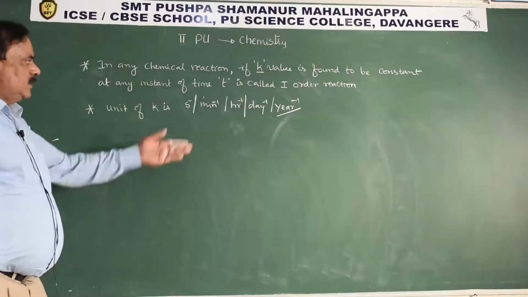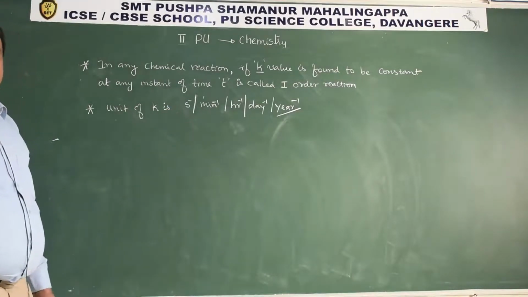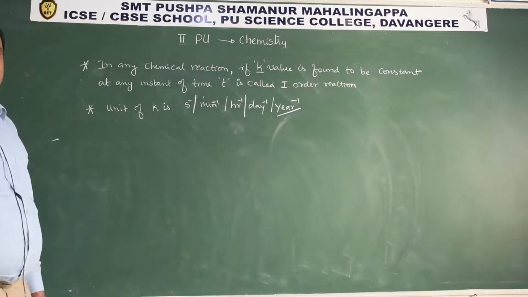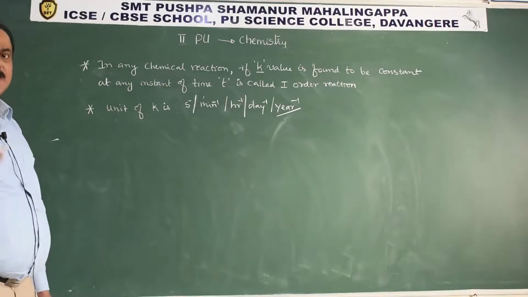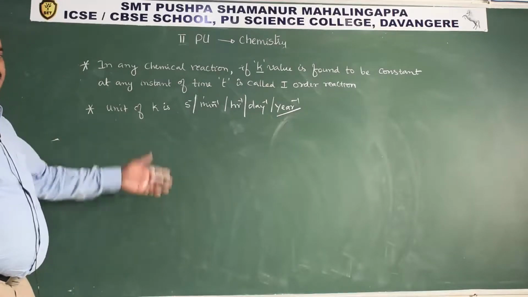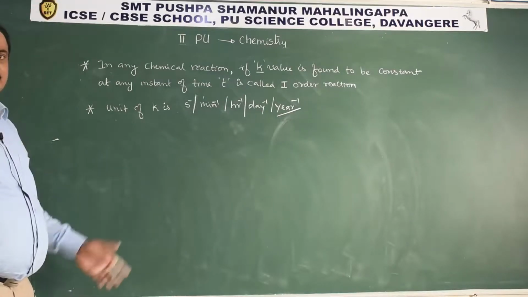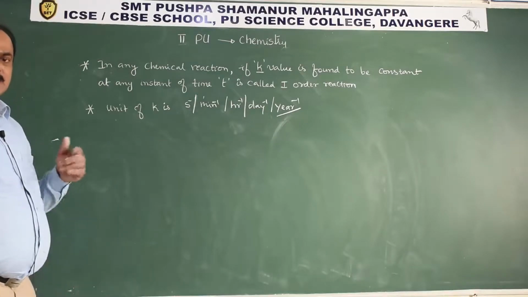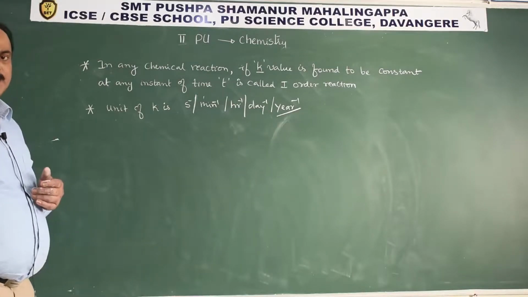Therefore, the age of the earth, age of the rock, age of the dinosaurs can be calculated by using the half-life period of the carbon-14 isotope, which is a radioactive isotope.